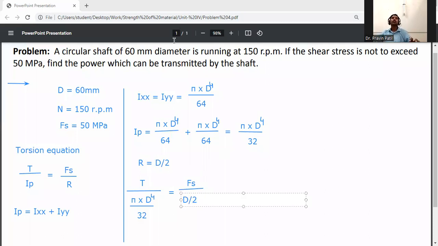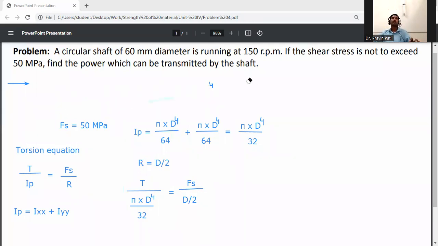Now write down T is equal to the final equation.